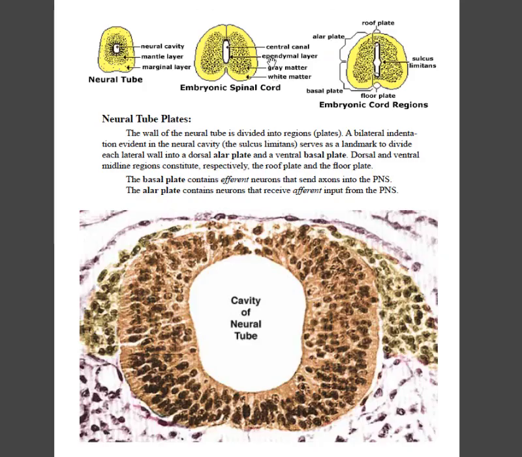As the neural tube continues to develop, there is a demarcation between dorsal and ventral, a sulcus limitans, which divides each half of the neural tube into an alar plate, which is dorsal. Alar means wing, and we'll see why that's the case later, and a basal plate, which is more ventral.